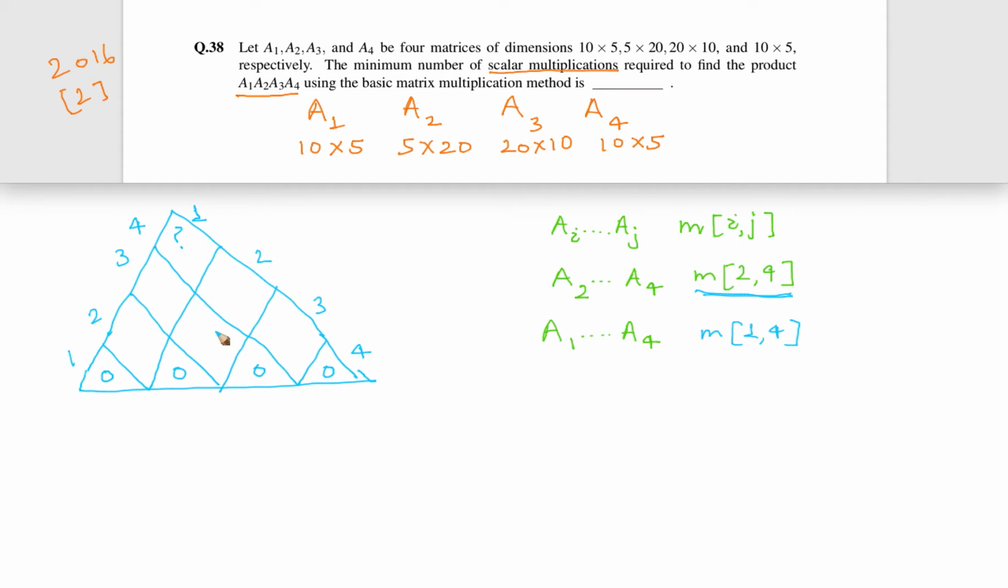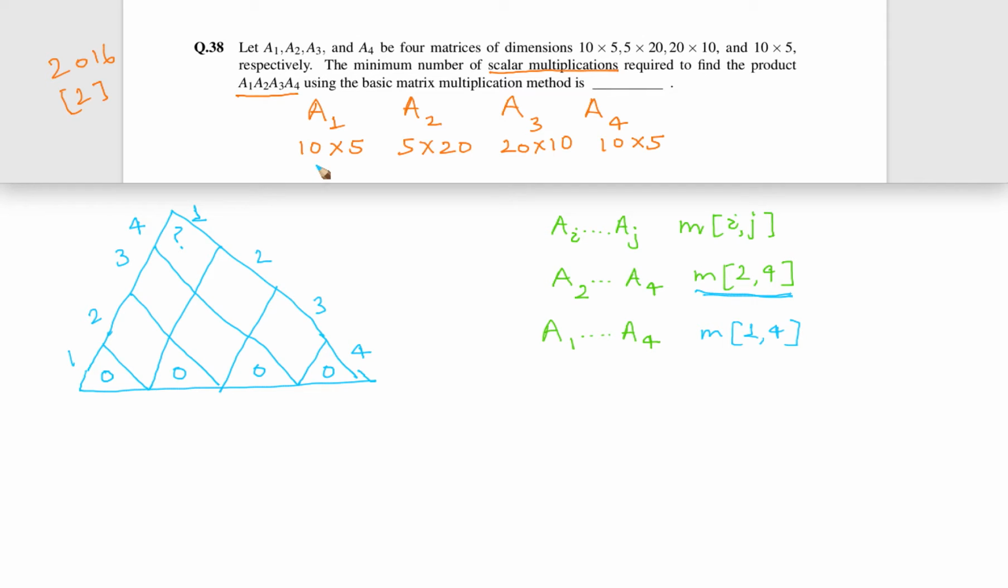Now let's come to M12. It means I have to multiply A1 into A2. How many scalar multiplications will happen here? There is only one unique way: multiply A1 by A2.